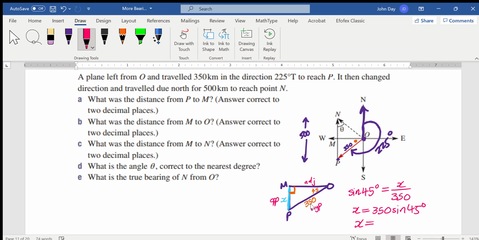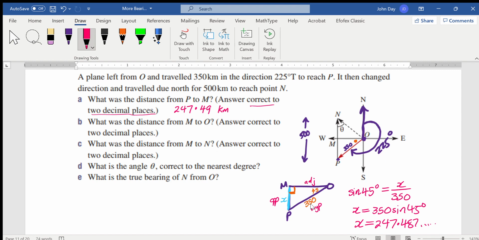So the answer to that is 247.487 or so. If we look at the question, it says answer correct to 2 decimal places. So that's 247.49, and this is in kilometres. It's asked for the distance.